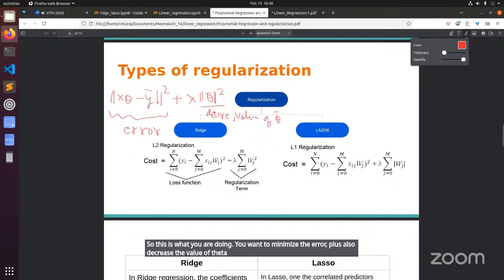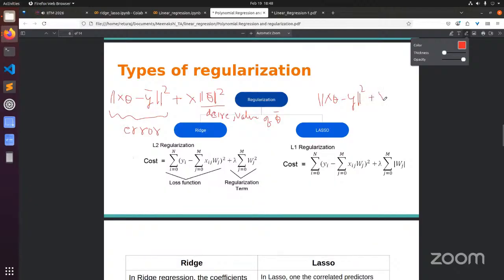This is one way. The other way is the lasso form. In lasso, you want to minimize the same error, plus this time you want to minimize the sum of the mod thetas. So all the mod values should be minimum. What does it mean?